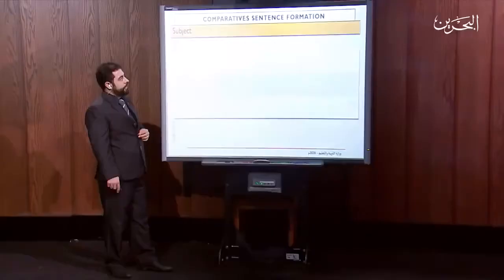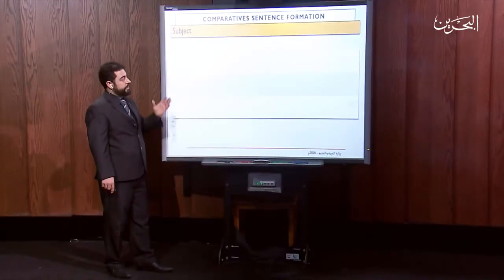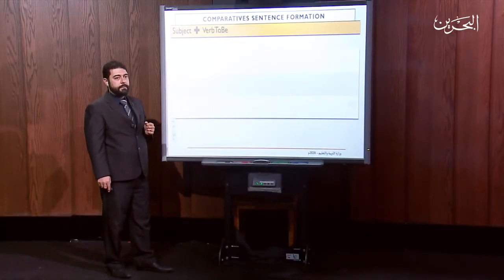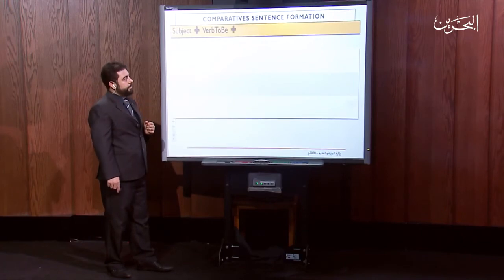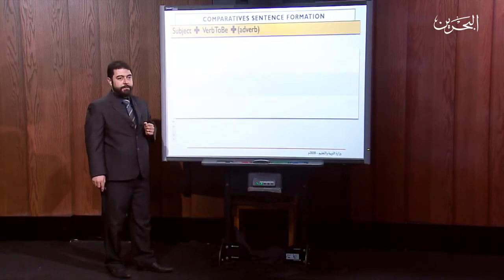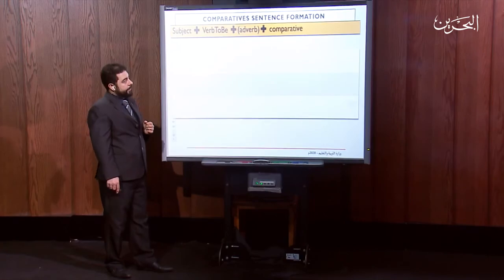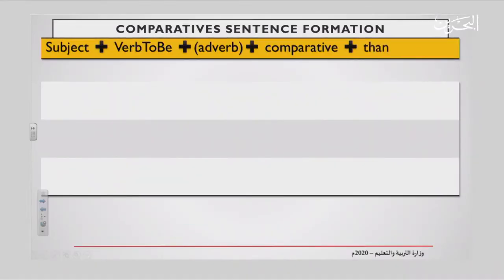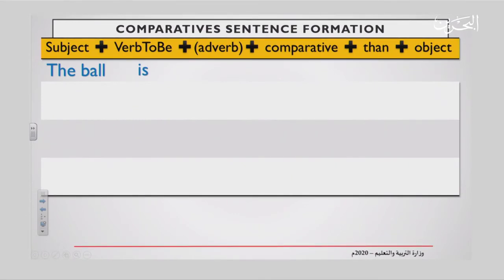Forming the comparative sentence. You have a subject plus verb to be plus adverb plus comparative plus than plus object. For example, subject, the ball. Verb to be for the ball is.